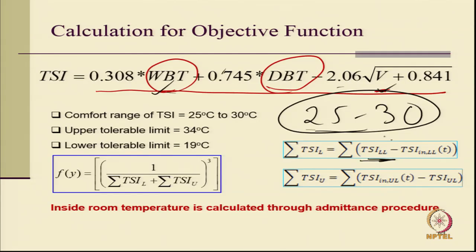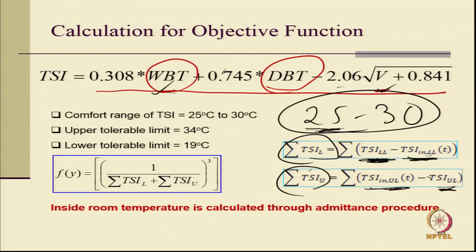So, the tropical summer index has a lower limit of 25 and an upper limit of 30. The value at a given time minus the lower and upper limits will be negative, because the lower limit is less than the room temperature and the upper limit is also less than the temperature.